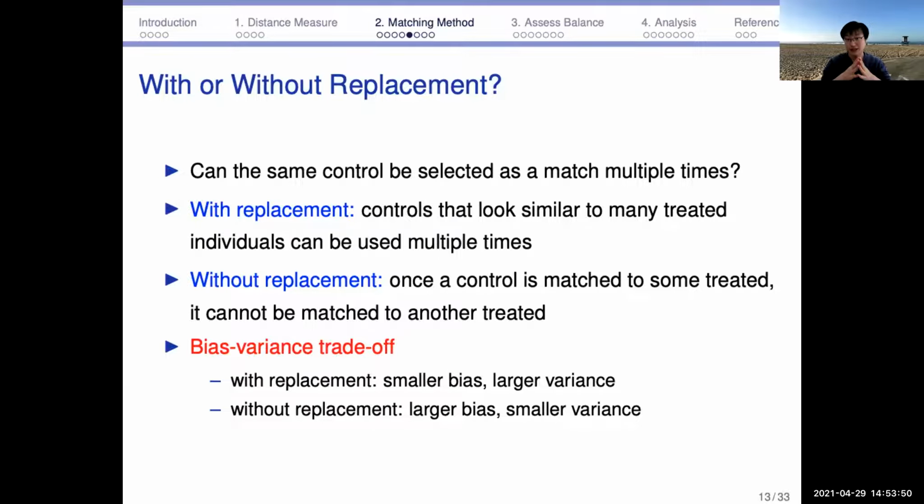But generally speaking, we would also have larger variance because effectively you're reducing your sample size when doing matching with replacement. I guess this consideration is similar to what we've seen on the previous page. It's all about the quality of the match and the sample size.